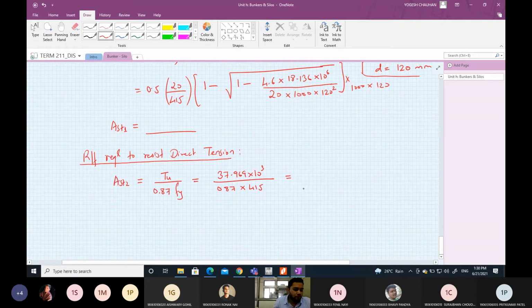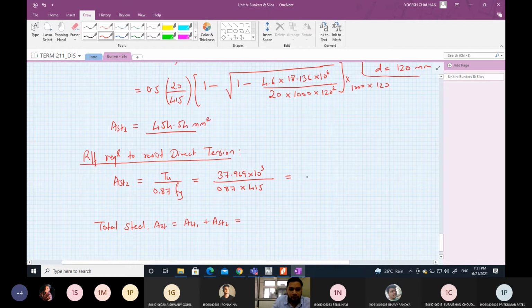You will get AST2. So the total steel AST will be equal to AST1 plus AST2. AST1 is 454.54 mm square.